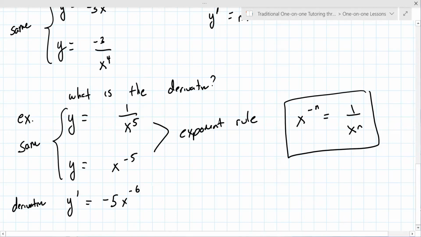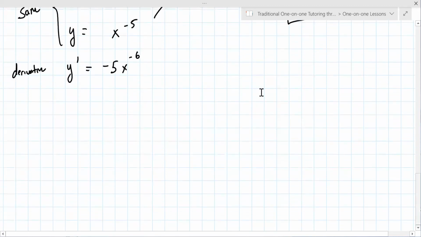Again, the example could be y equals x to the 10th plus 1 over x to the 9th. What is the derivative? Same question always.